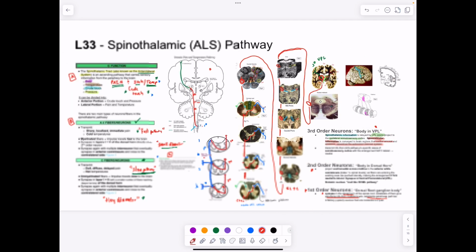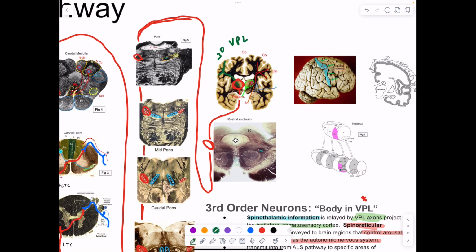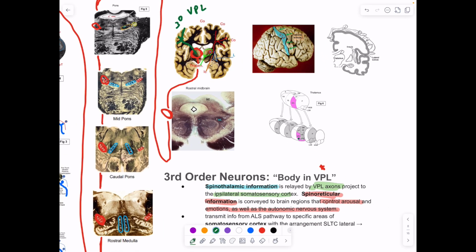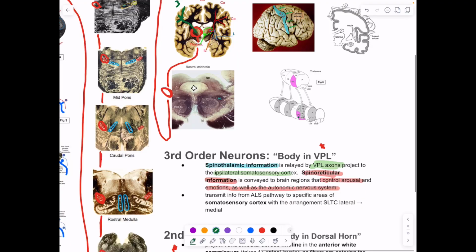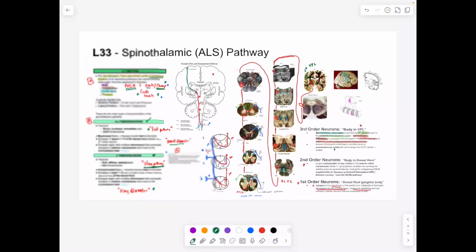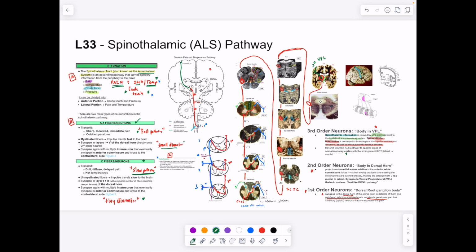Okay, so we synapse there, and then our third order neuron is going to send its axons out to the somatosensory cortex.